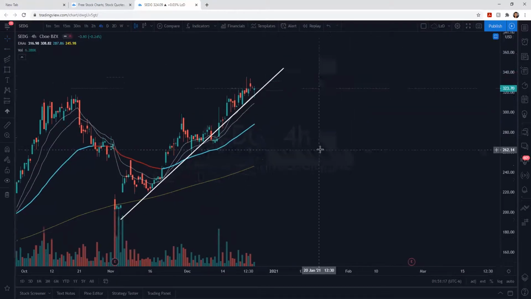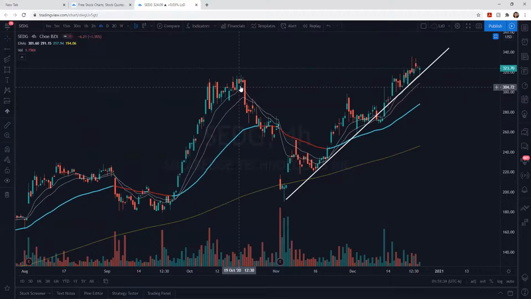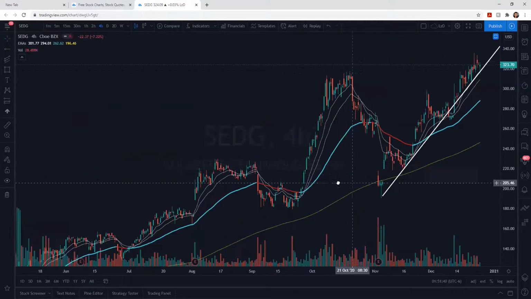But what if it does break over here? What do we do? So basically, we look at the closest, strongest support that this stock has when it does break the trend line. So when it breaks, where does it usually stop? Over here, there's no information back here.